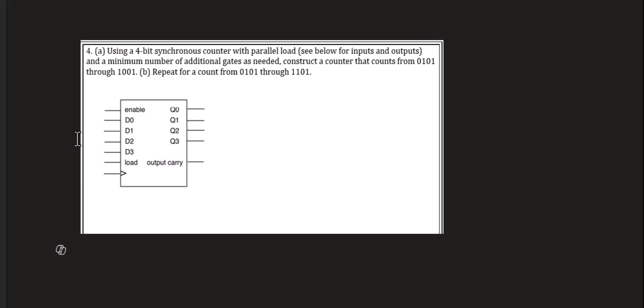Repeat for a count from 0101 through 1101.